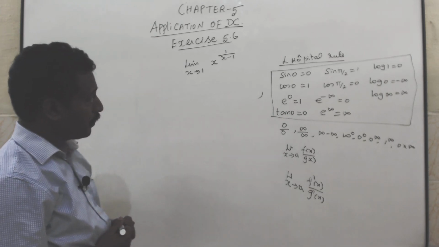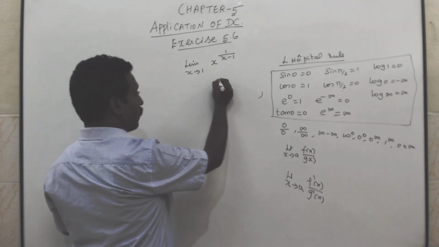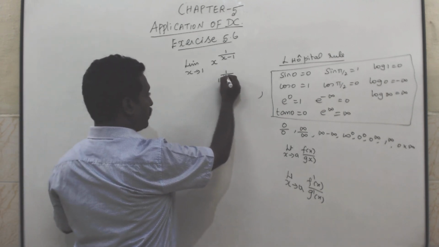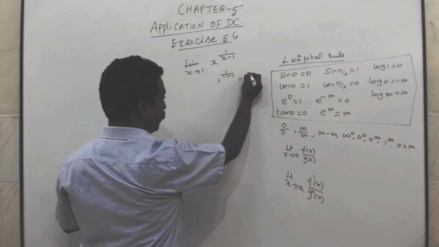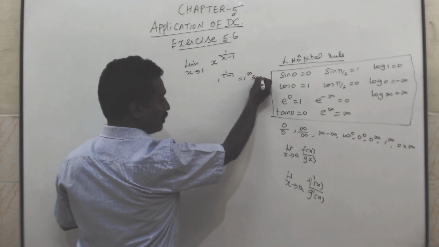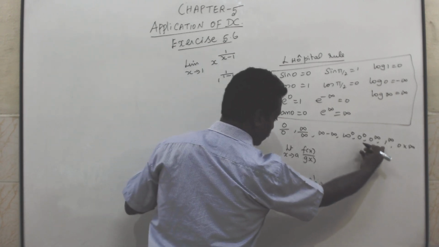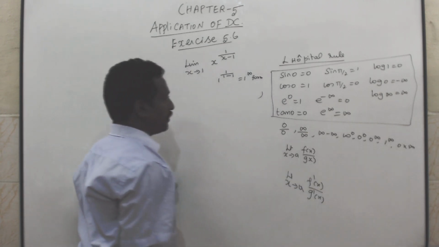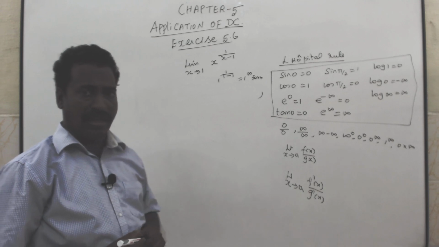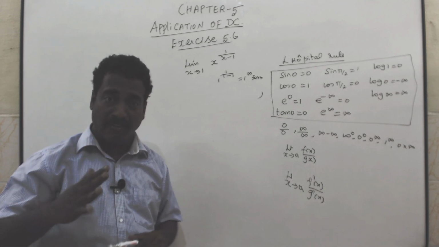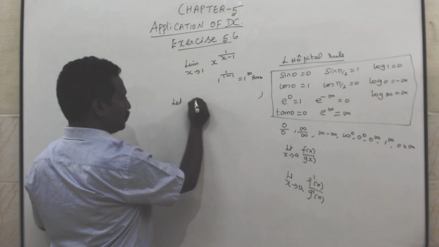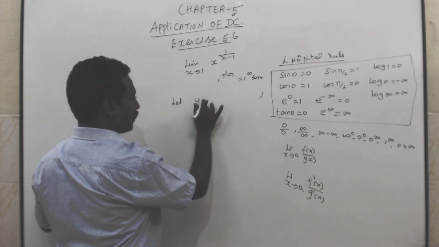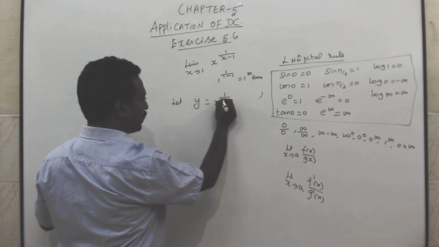What is the first step? 1 by 1 minus 1 is 1 by 0. Any number by 0 is infinity, so it is 1 power infinity form. This is also an indeterminate form. Here we can't convert it into general format, that's why let y equal to x power 1 by x minus 1.